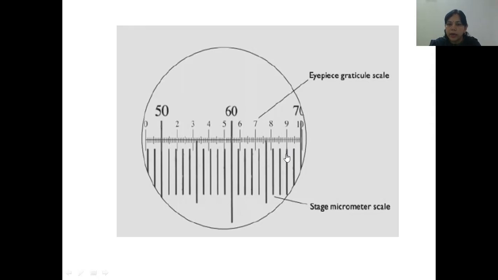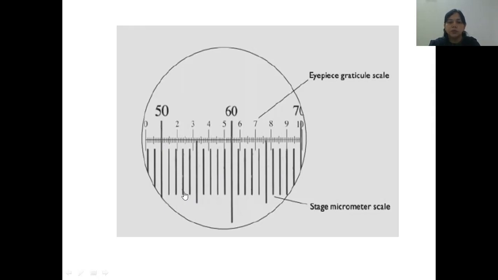When you come to 9, you can see it is exactly coinciding with one line on the stage micrometer. So we have one line of coincidence here on 50 and another line here, which comes as 68. So let's count the stage micrometer divisions.